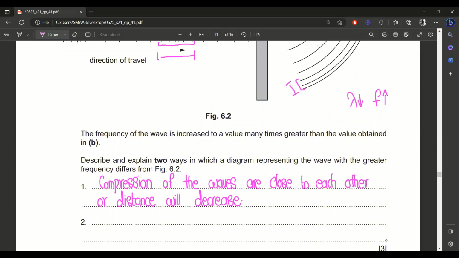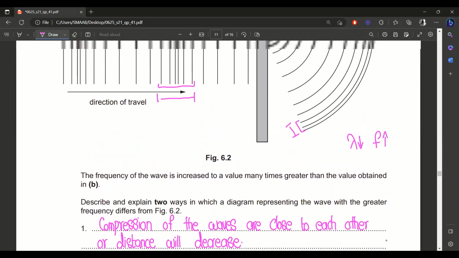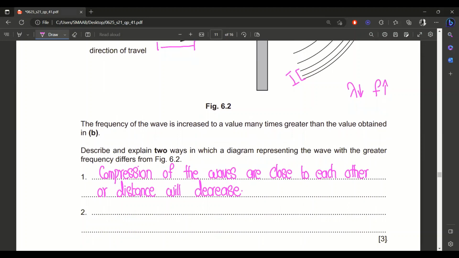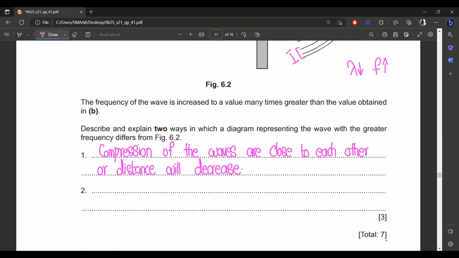So if we increase the frequency, the wavelength is going to be decreased. So the second identification is that less wavelength means there will be less diffraction. So less diffraction, because wavelength will decrease.